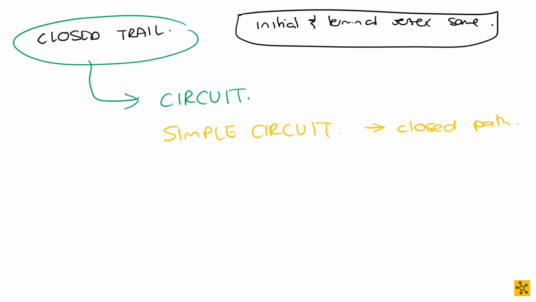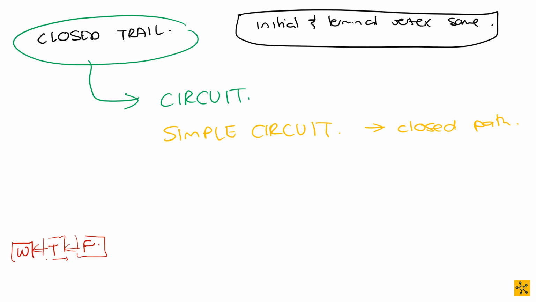So it will automatically be a case of your walk, your trail, and your path. Your path can be a trail, and it can be a walk. But your trail can't be a path, so it can't go backwards. But that's only in the concept of simple graphs.